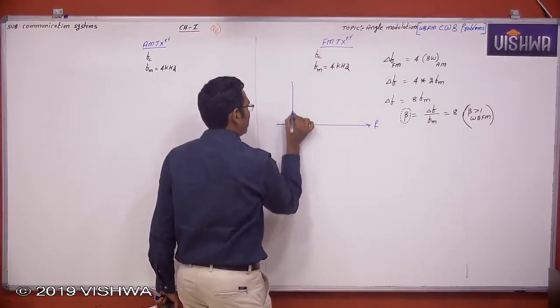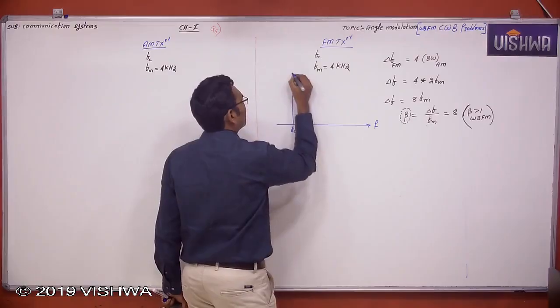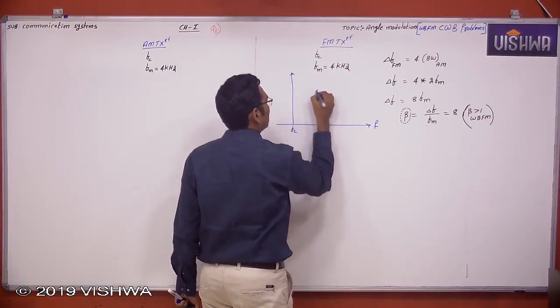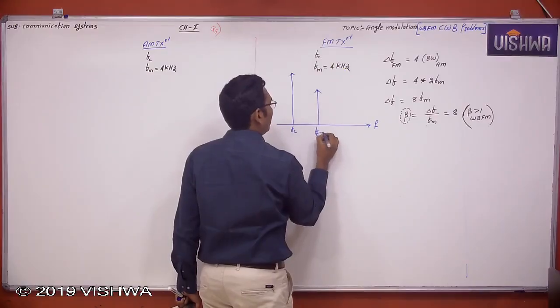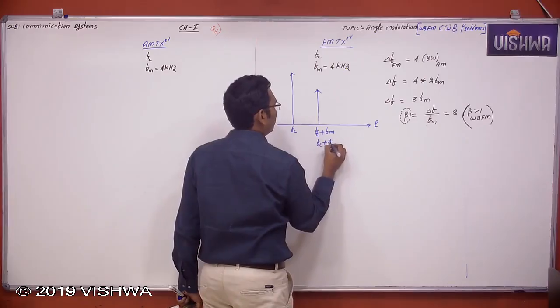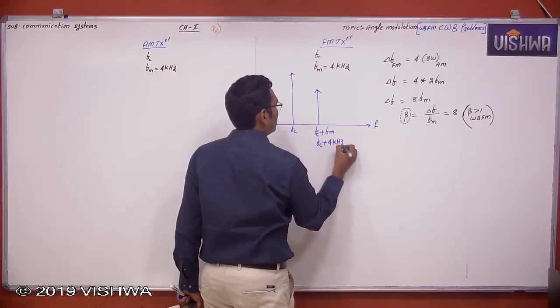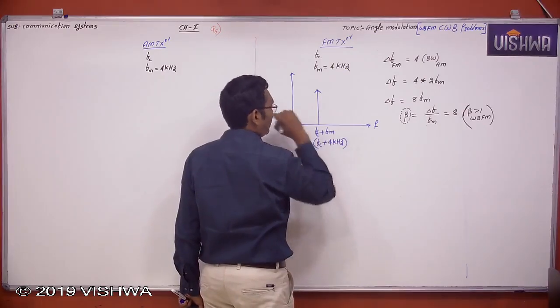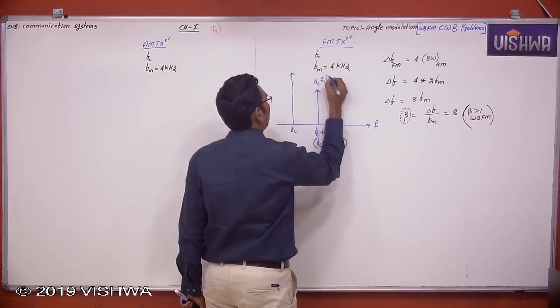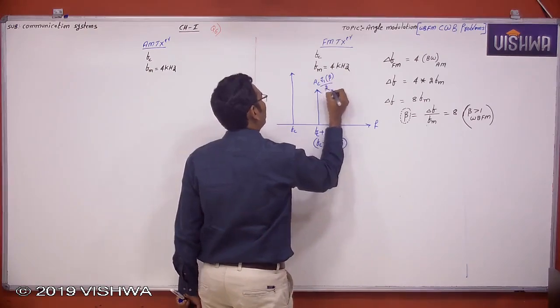Now this is fc. What is fc plus 4 kilohertz? This is fc plus fm, which means fc plus 4 kilohertz. The spectral amplitude of fc plus fm is Ac J1 of β by 2.